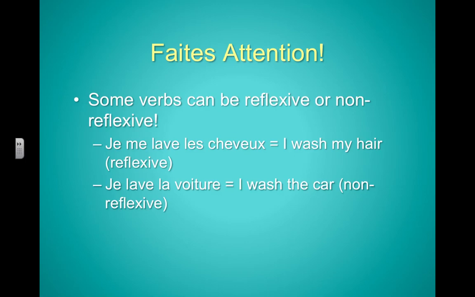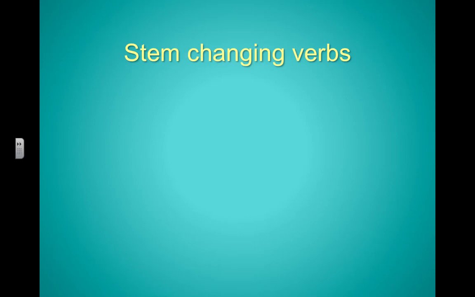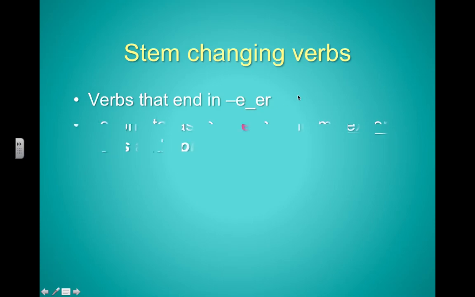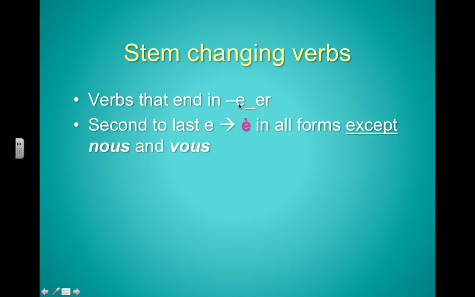Okay, moving on. We are really excited because we get to learn a stem-changing verb. We have the verb se lever, and it ends in E, a consonant, and then ER. What happens is that second to last E is going to change to an E with a grave accent in all forms except for the nous and the vous.